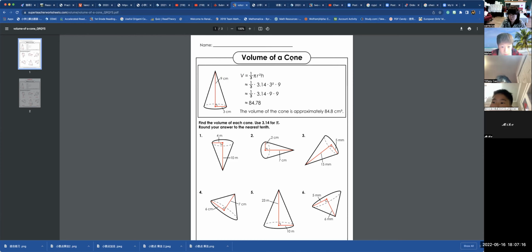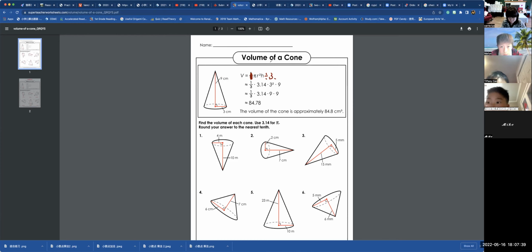Then, Carrie, is it just 1/3 times pi times the radius squared and the height? Yes, divided by 3. So you can either remember it as 1/3 times, or if you think it's very hard for you, you can just think about dividing by 3.